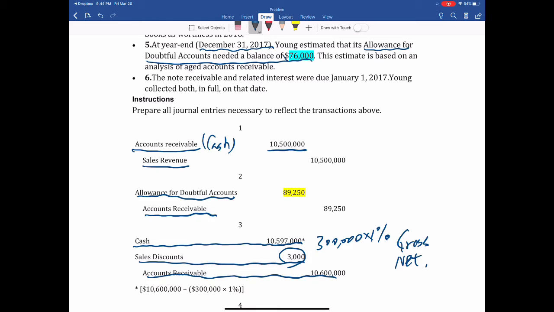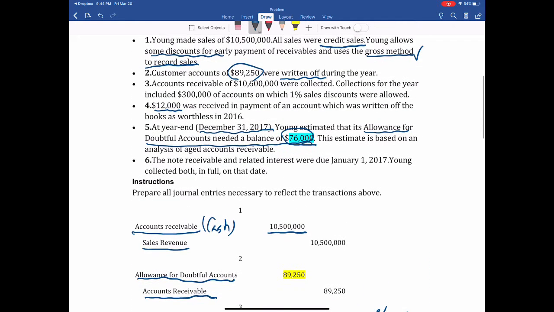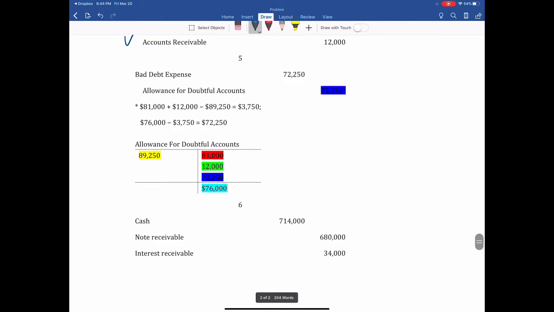Okay, so in this question we don't need to calculate by using the aging method. We are given the result, which is the ending balance of allowance for doubtful accounts. Because several transactions have an impact on the allowance for doubtful accounts, before we calculate the bad debt expense or the adjustment, we need to update the balance of allowance for doubtful accounts first. So here, this is a T account.